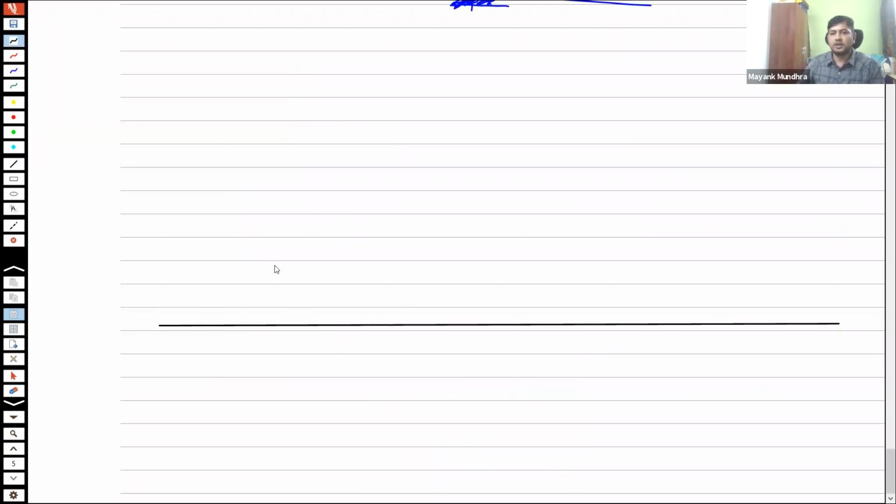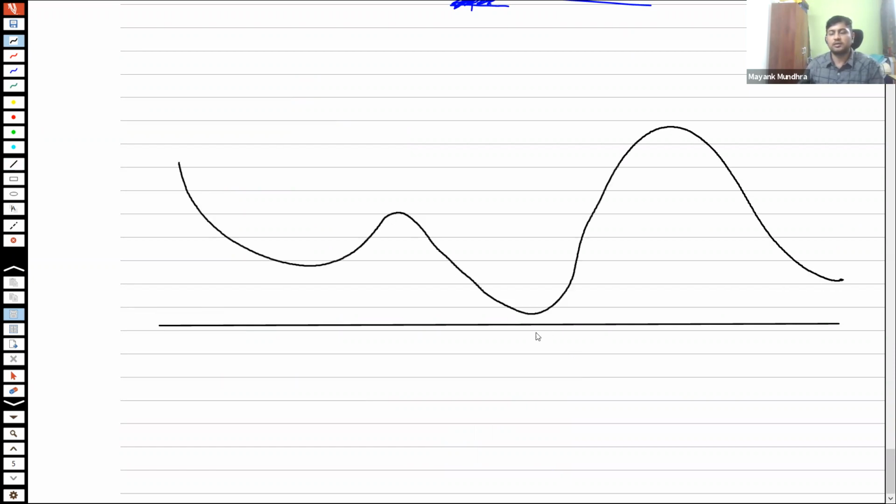Suppose I draw a curve which looks like this. It starts from here and it ends here. So this is a local minima, this is a local minima, and this is a local minima as well. Okay, it's on the end, but it is still a local minima. Doesn't matter that it's on the boundary of the domain.